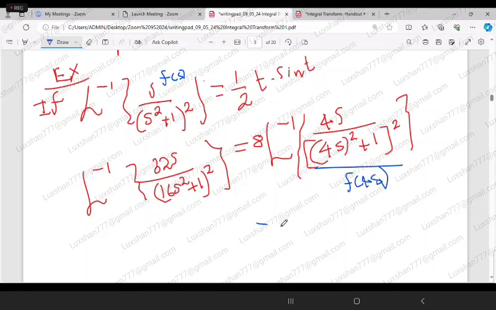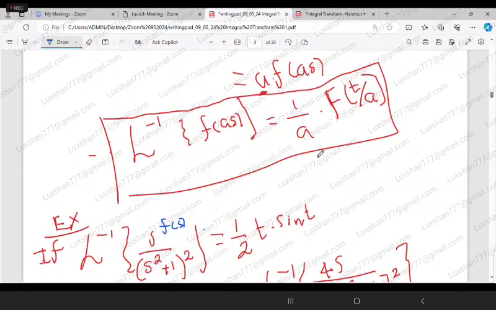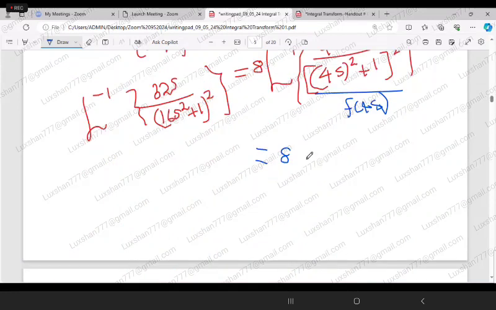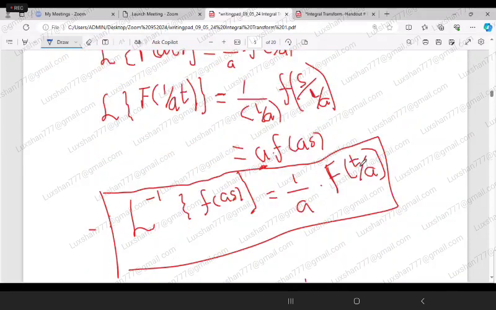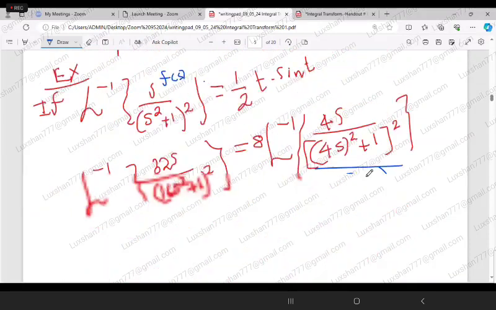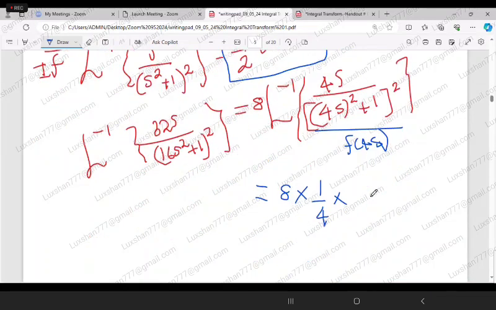Therefore, this is equal to 8 into the inverse Laplace transform of F of a s, which is 1 over a into f of t over a. My a is 4. So 1 over 4 into f of t over 4. Wherever you have t, you have to replace it by t over 4. But here, this is your f of t.